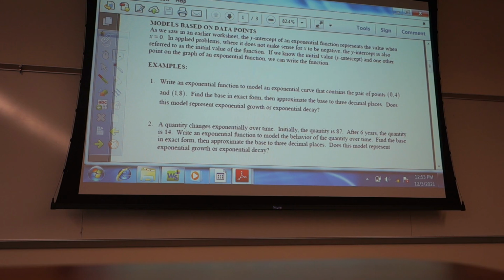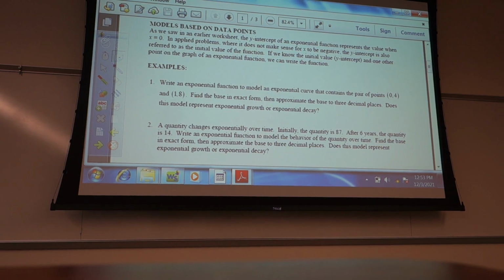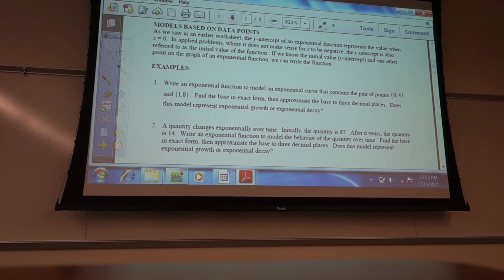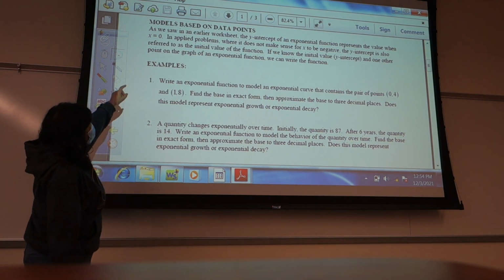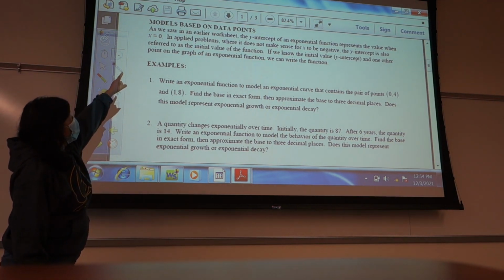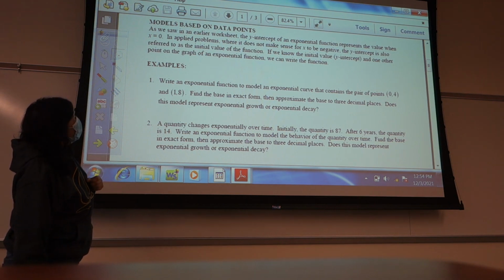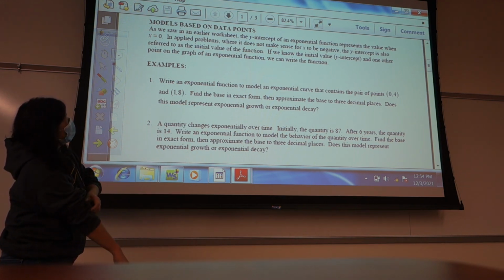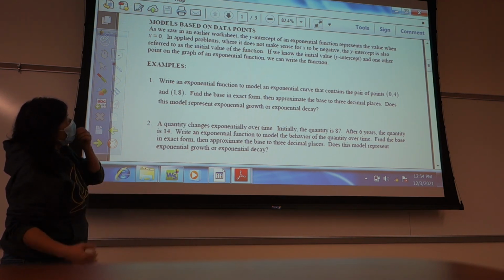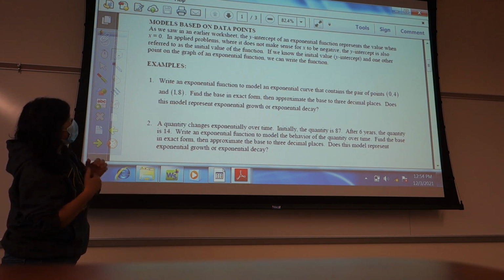Okay. Good. All right, so what you'll notice is we'll have an initial amount when x is 0. And it doesn't make sense for x to be negative because we're usually talking about time, typically.